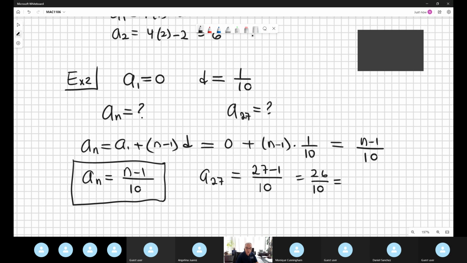You can reduce to the lowest terms because both numbers are even. 26 divided by 2 is 13, and 10 divided by 2 is 5. And that's the answer. The answer is 13 over 5, the element located in position 27 in this sequence. Okay. That's easy, eh?